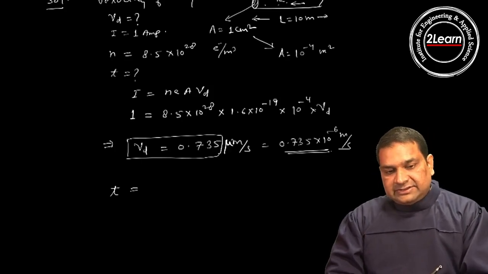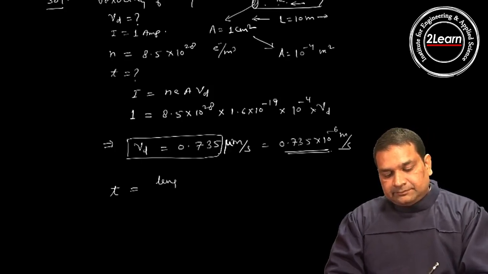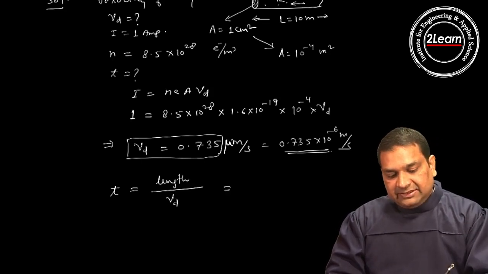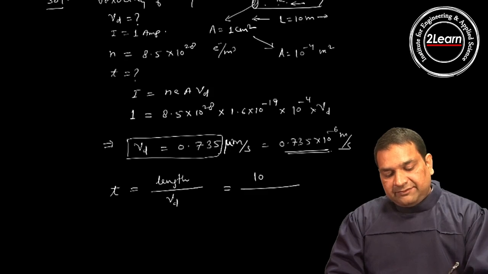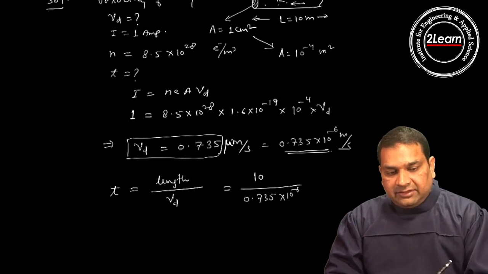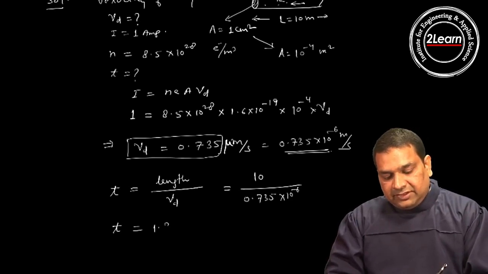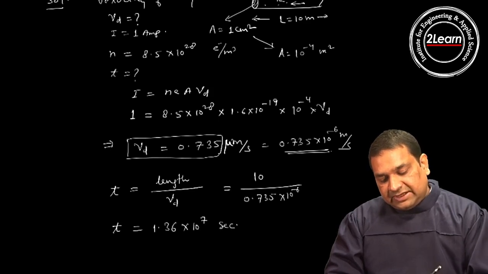So time is length divided by drift velocity. And what is length? Length is 10 meter. Drift velocity is this one. So it will take T equals 1.36 into 10 raised to power 7 seconds.